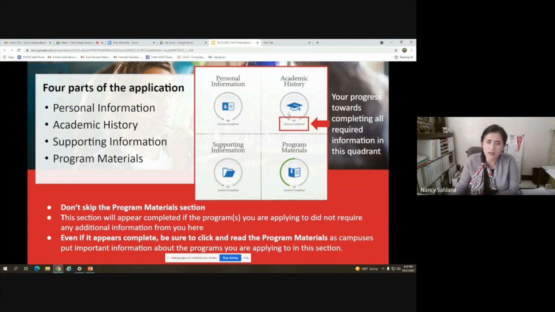Once you are done with each part, the circle will turn green, which indicates that you are done and able to move on to the next part.